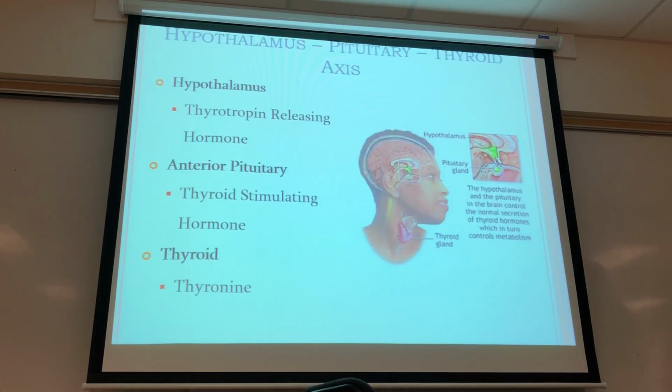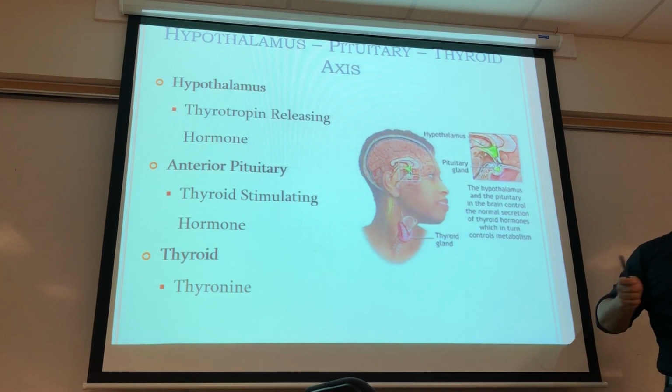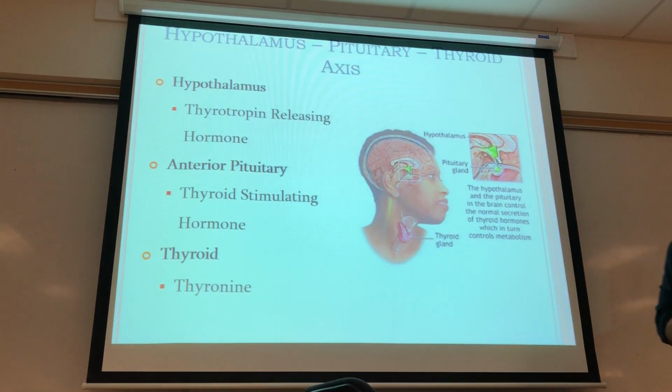All right, so let's look at the hypothalamus-pituitary-thyroid axis. So where we're specifically working from: hypothalamus to the pituitary to the thyroid. This is one of the common axes that you'll see that's in charge of metabolism. And so as I described on Tuesday, the hypothalamus is going to produce thyrotropin-releasing hormone, TRH.